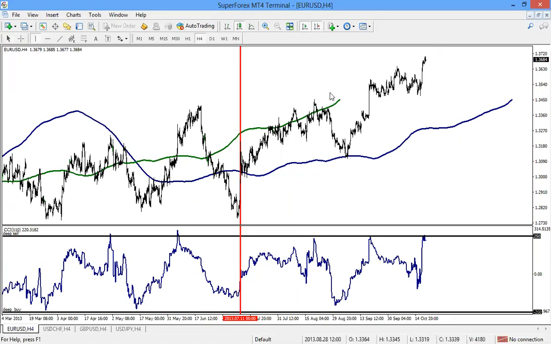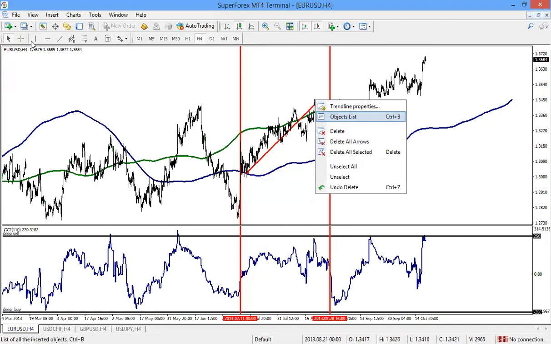But if we're using 200 with shift 200, it means on this one it was going to be a buy. And guess what? Both of them are correct, because if we use the blue one, we start from here, and there was a buy from here to here, isn't it?